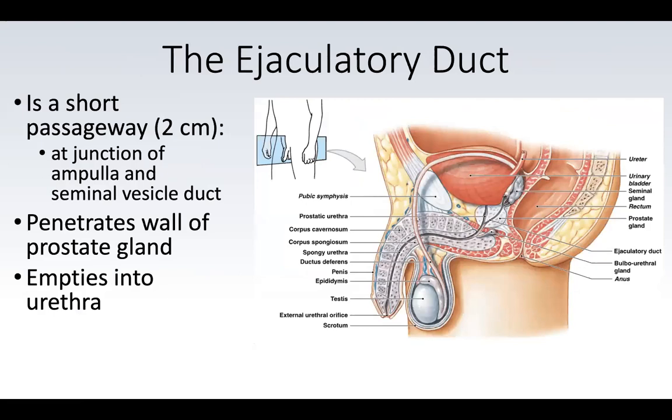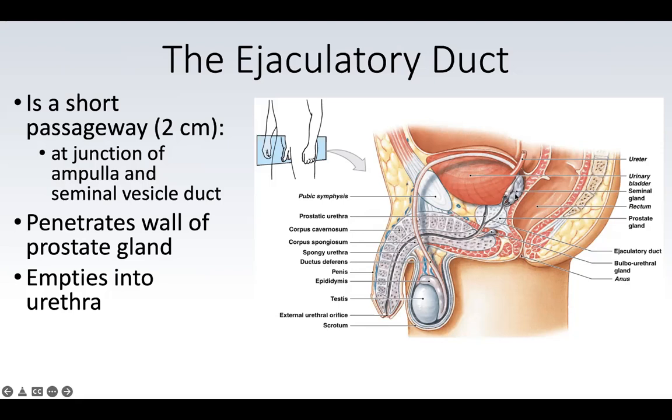So the ejaculatory duct is this section right here. It makes sure sperm enters the urethra. By the time sperm passes through the ejaculatory duct, it has received secretions from the seminal glands, also known as the seminal vesicles.